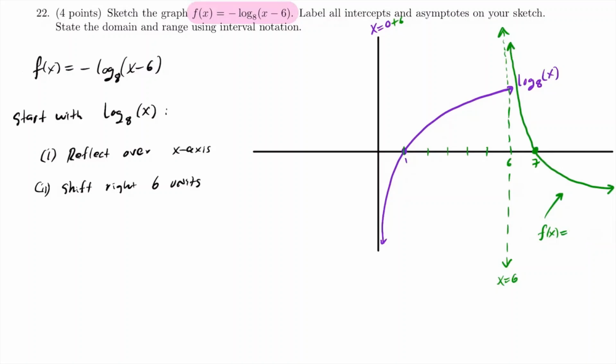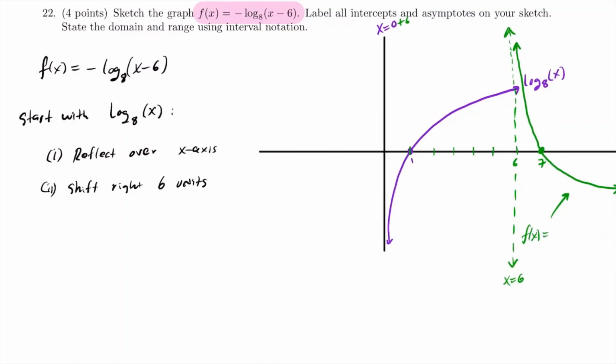Sorry to squeeze that in. Let me just write it right here. So this is f of x equals negative log base 8 of x minus 6. So focusing on that graph, let's go ahead and write down domain and range. So the domain of this function is going to be from the asymptote, open 6 to infinity.